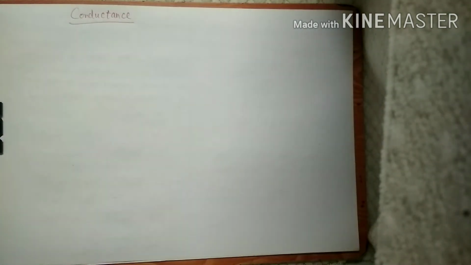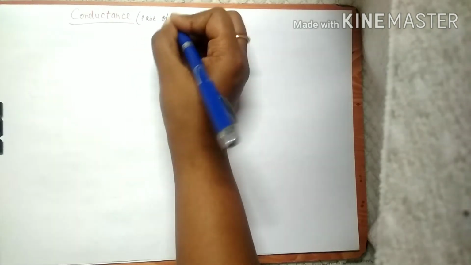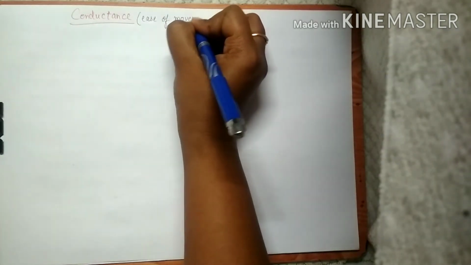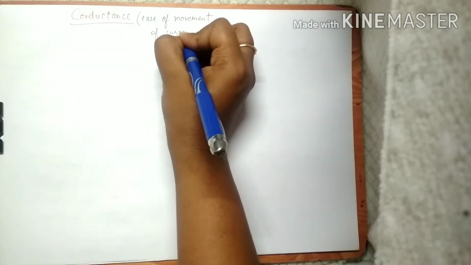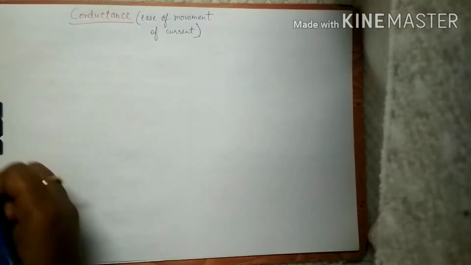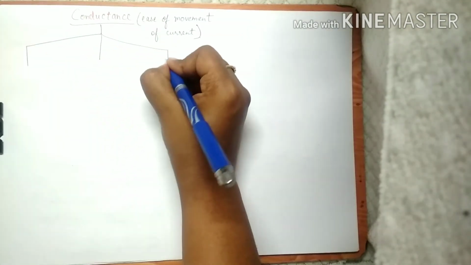Now what is conductance? Conductance is basically ease of movement of your current. So this conductance can be of three types.